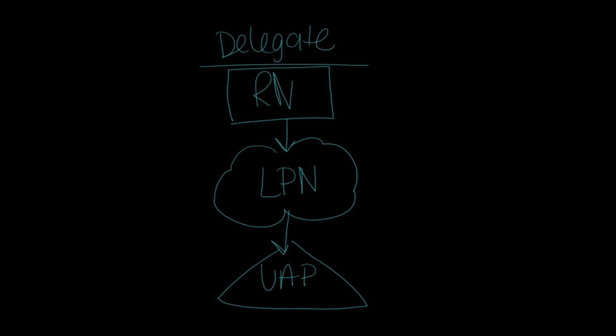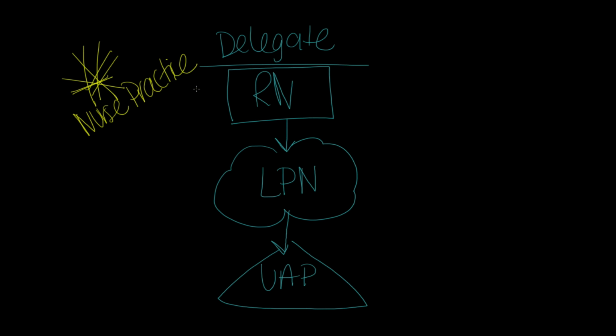Something really, really important to know, and I'm going to make a big point of this, so I'm going to put this here: Nurse Practice Act. Why? Because each state may operate a little bit differently and may determine that an RN, an LPN, and a UAP scope is different compared to another place.